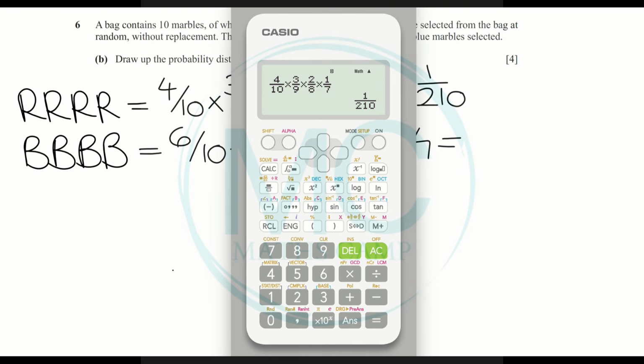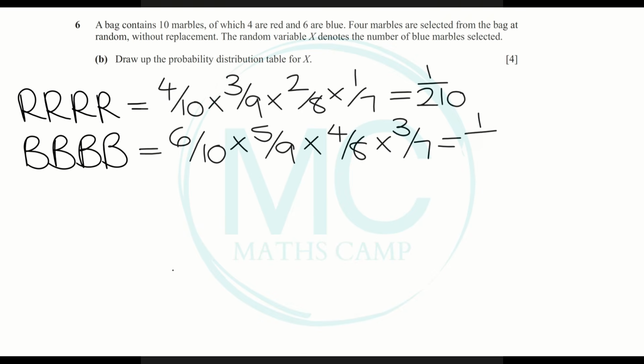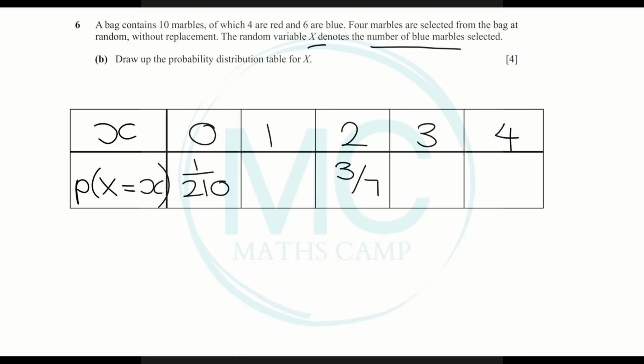Take your calculator. 6 out of 10, and 5 out of 9, and 4 out of 8, and 3 out of 7 is equal to 1/14. This is the probability that all 4 marbles are blue. And I can put this into my table as well.